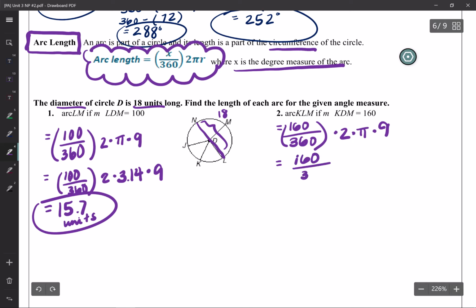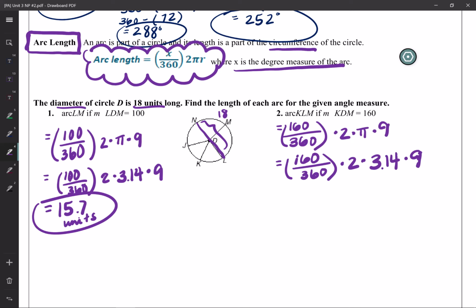I'm going to estimate pi to be 3.14. So 160 divided by 360 times 2 times 3.14 times 9. I got about 25.1. I'll just round it to the nearest tenths.